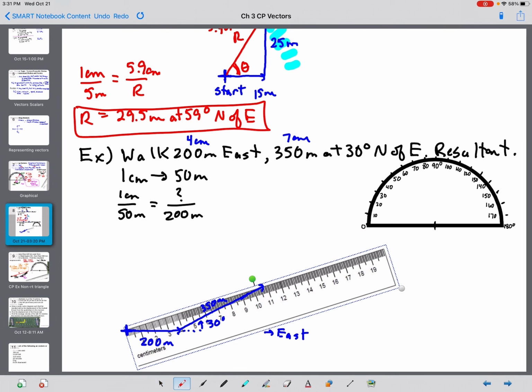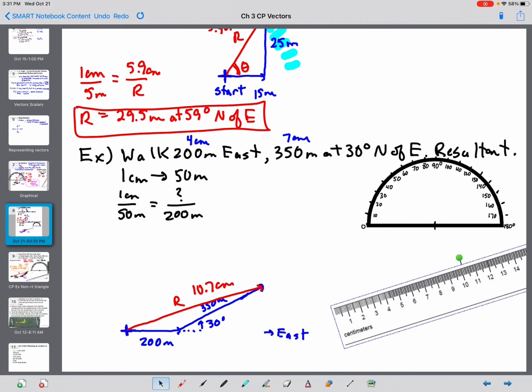And then we're going to draw our line, start to finish. That is the resultant. Reading off the ruler, looks like we're a little over 10 and a half, about 10.7 centimeters.